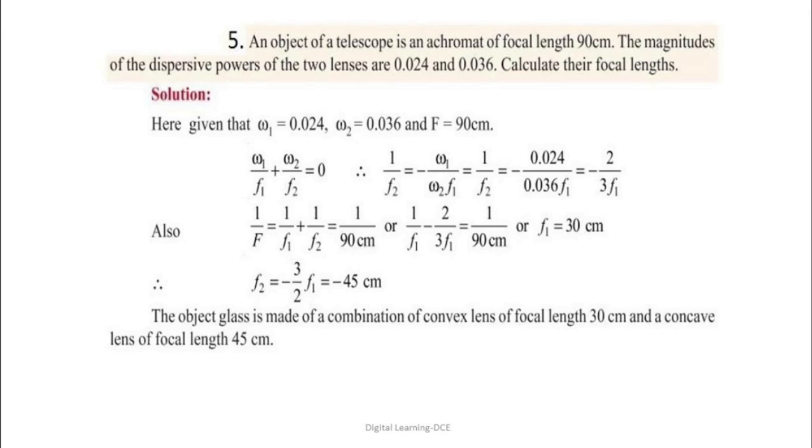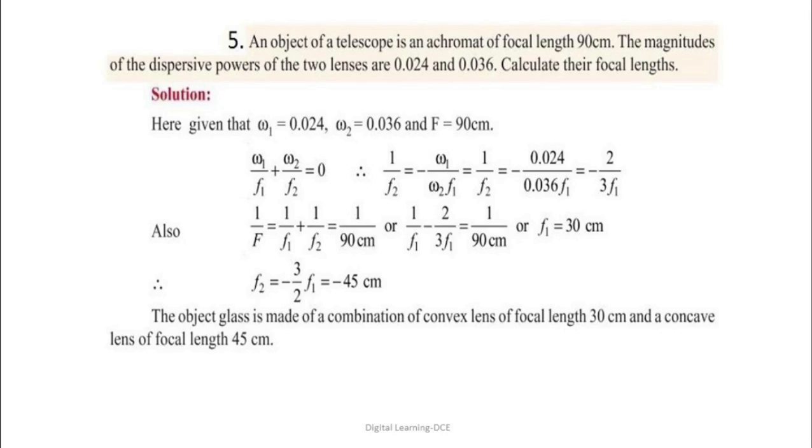Solution. Here, given that omega 1 is equal to 0.024, omega 2 is equal to 0.036, and f is equal to 90 centimeter.